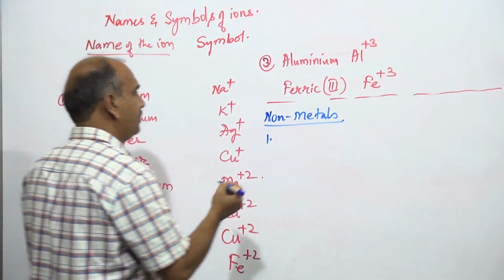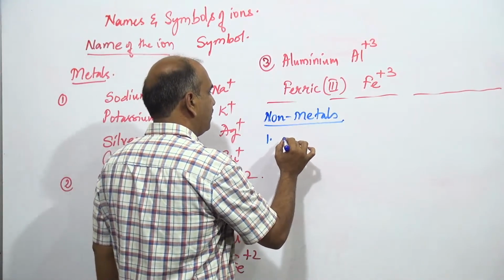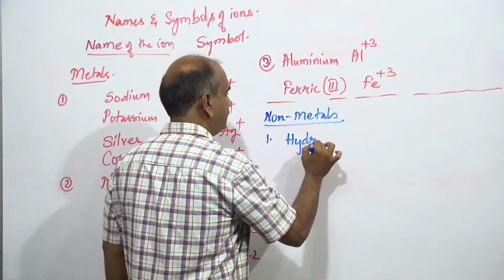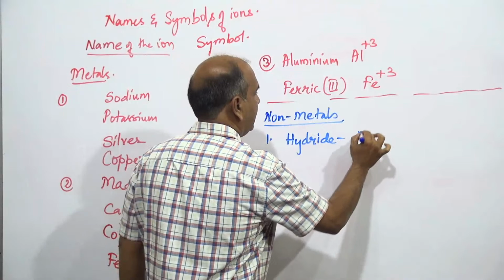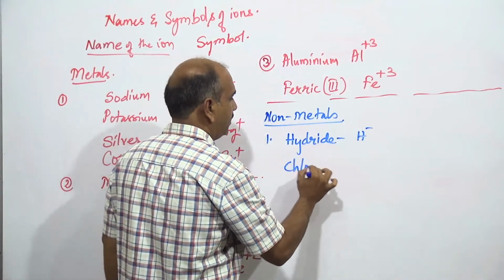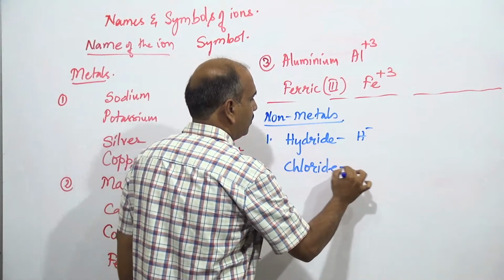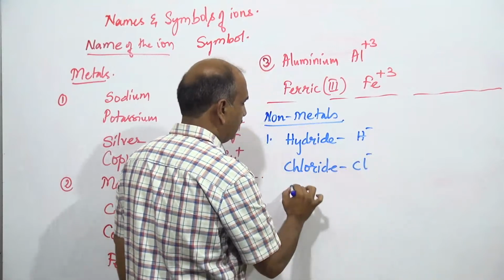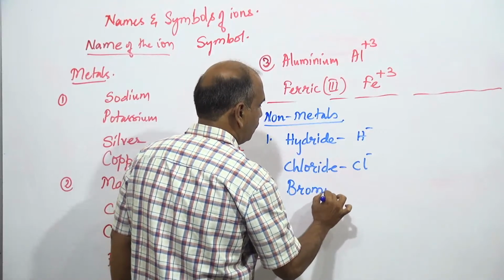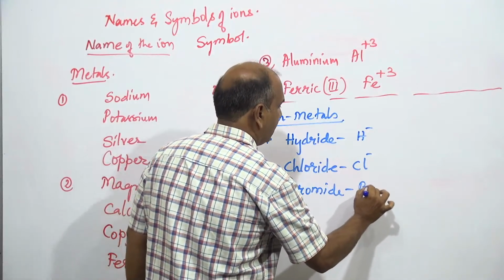So here in the non-metals, with the -1, if you take hydride, H-1. Then chloride is there. Chloride is Cl-1. Bromide is there. So bromide shall be Br-1.